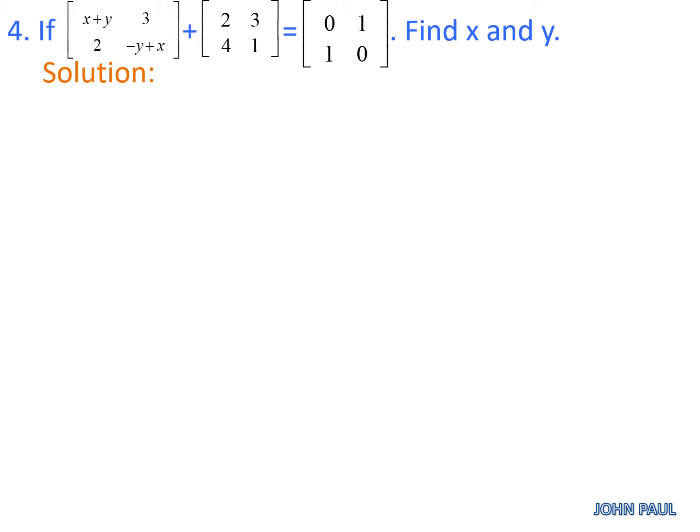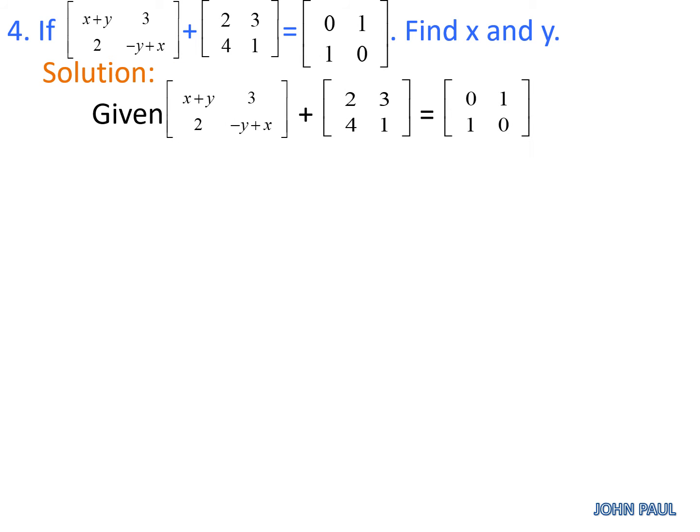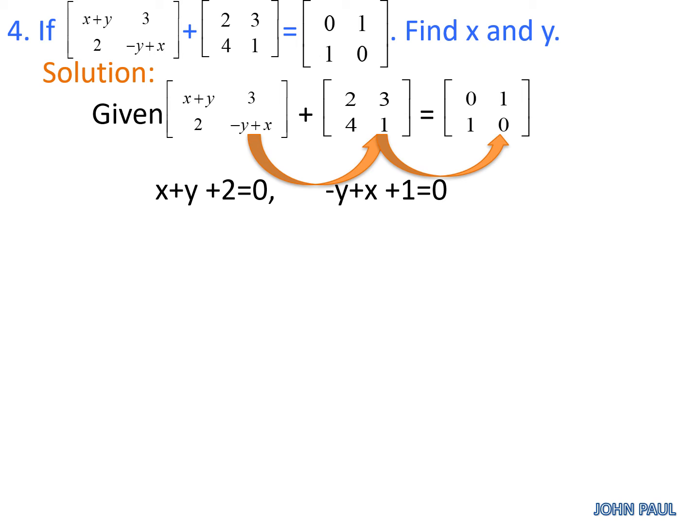Solution: given, now the respective terms we have to add, that is x plus y plus 2 equal to 0. The respective terms we will add. Same, the one more term is there, minus y plus x plus 1 equal to 0.